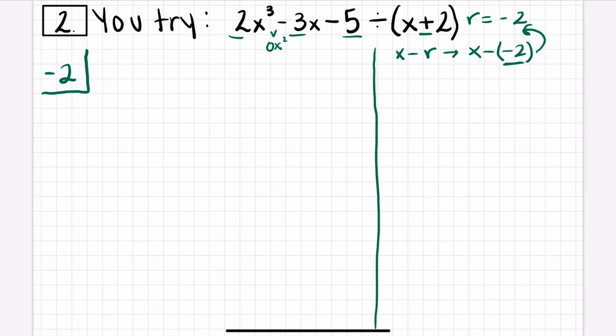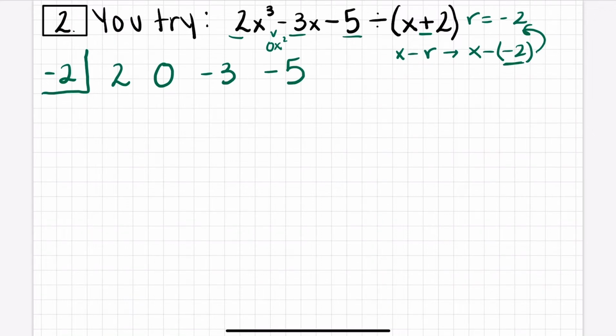From highest exponent to smallest or no exponent, it's 2, then 0, there's no x squared, then -3, and lastly -5. We can make this a little bit smaller so we can write our answer.